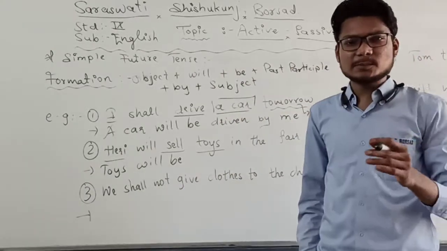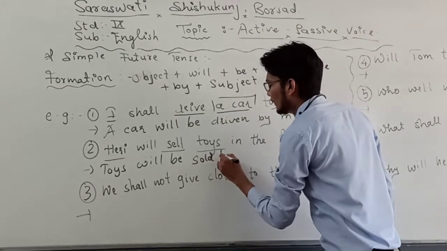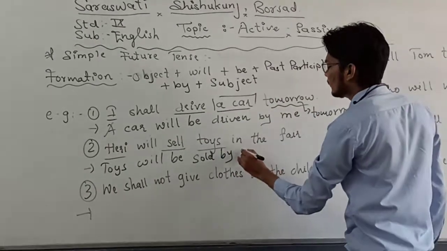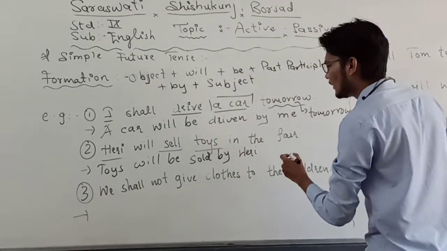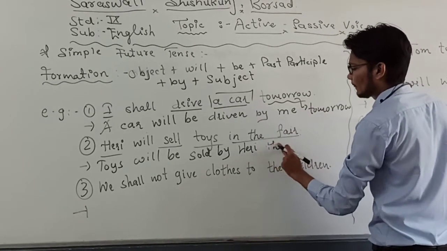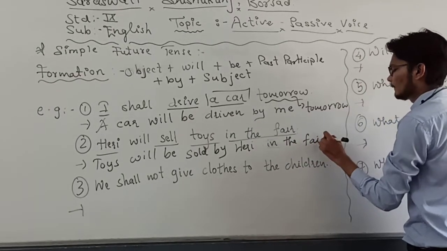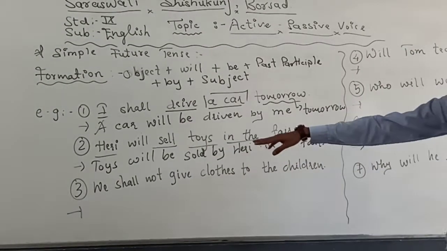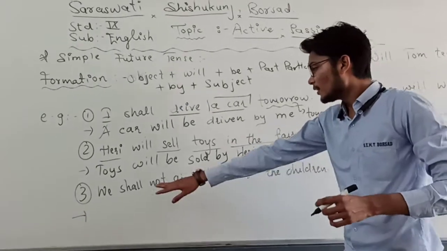What is the past participle of sell? That is sold. Then by, Harry. Here a name is given, that's why you have to put Harry itself, and write in the fair as it is. So this is your answer. Toys will be sold by Harry in the fair.